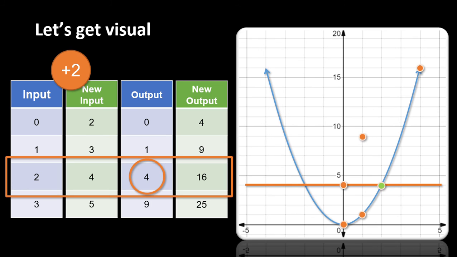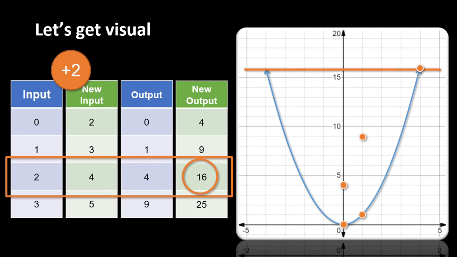We already moved it so that it took the place of one of the earlier inputs. Okay, so that's gone. Now let me go fishing for an output of 16. Again, the input right now is 2, and I want to find where the output of 16 is. The output of 16 happens all the way up there, which I normally get with an input of 4. So that input of 4 is being shifted over so that it happens when the input is actually 2.